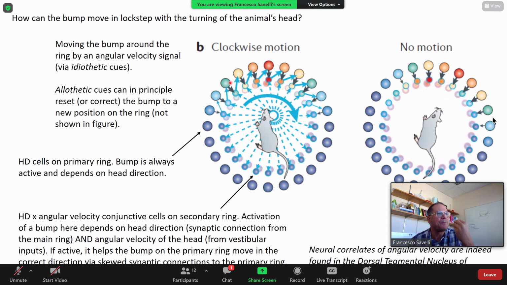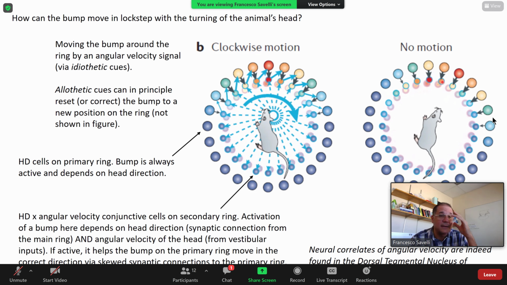So they have to be neurons that are sensitive to both. They're not just pure head direction cells. They're head direction cells that fire when the animal is in a given direction, but the animal also has to move. So without motion, on the right, you'll see there are just these head direction cells that make these other cells fire, or rather they don't make them fire, because it's not enough to get these inputs when the animal stands still and so doesn't have angular velocity.